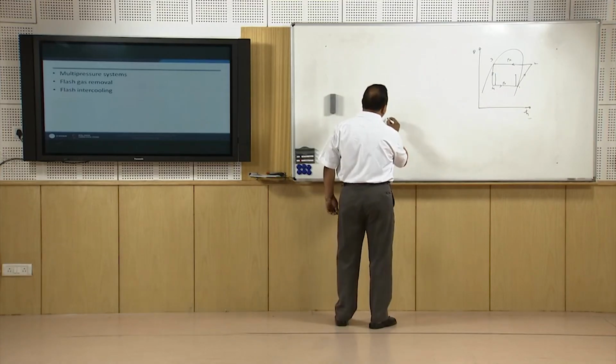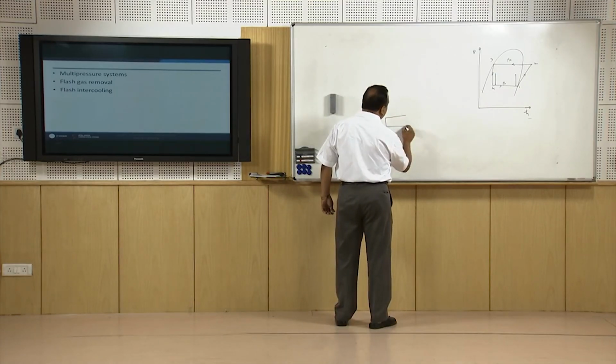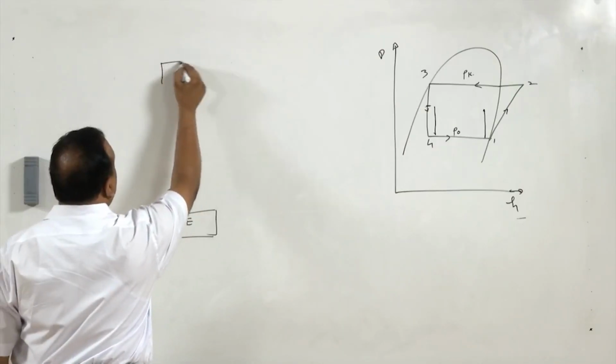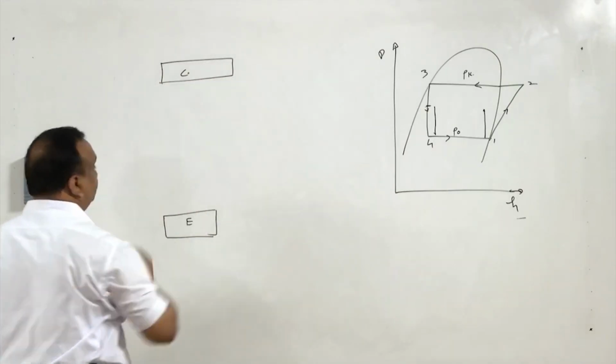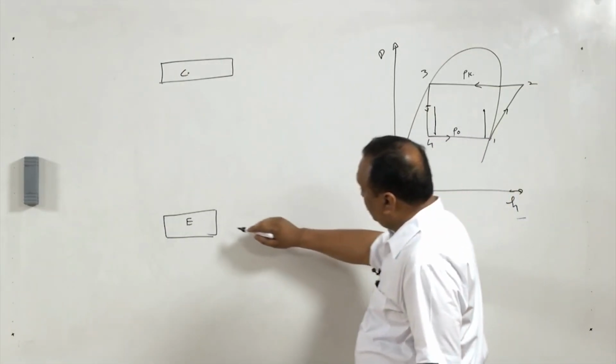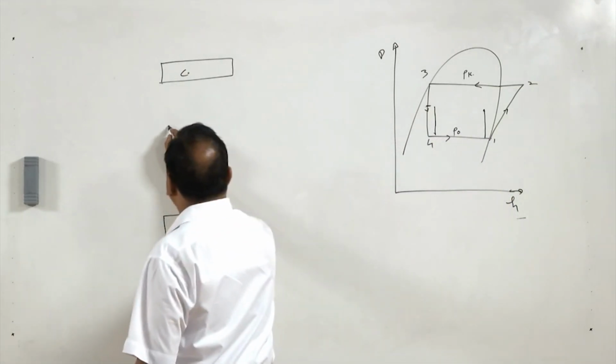So, if I draw an evaporator in a typical vapor compression system and there is a condenser, between the evaporator and condenser a flash gas removal system is provided.